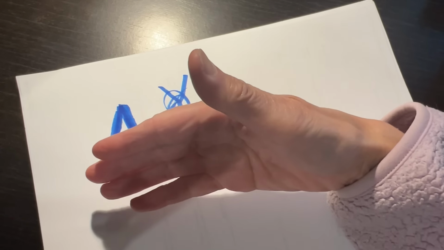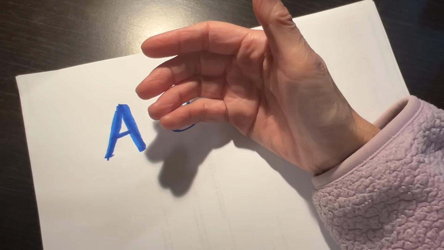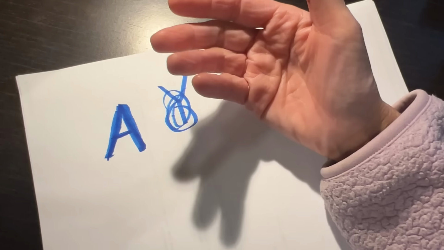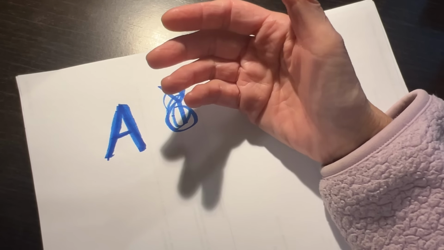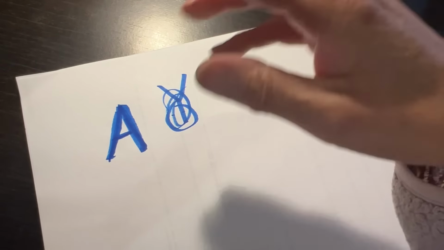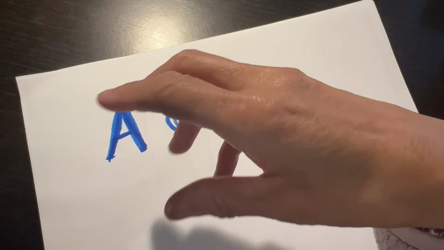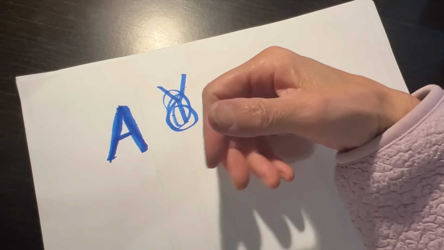The French character, the alphabetic character, and the hieroglyph from the Egyptians. All these written languages, the origination of their start.